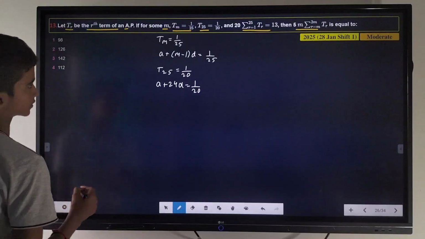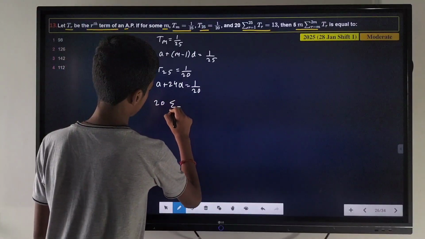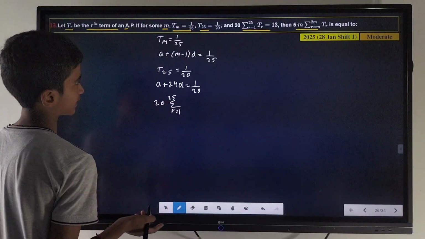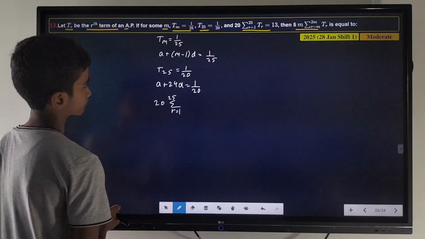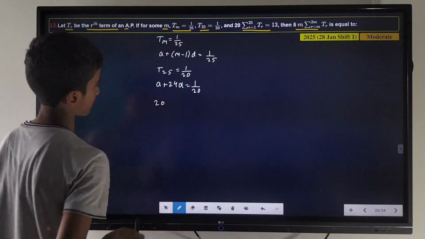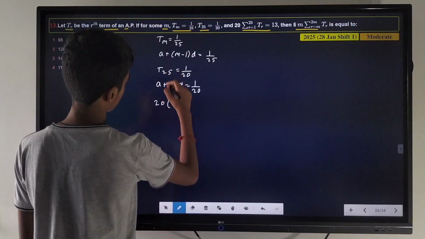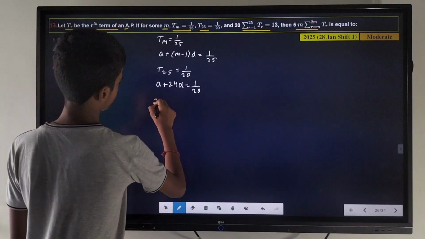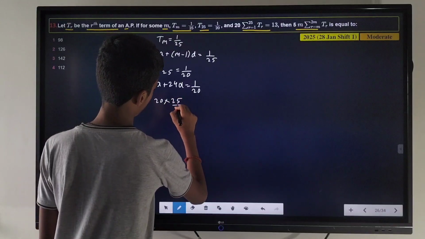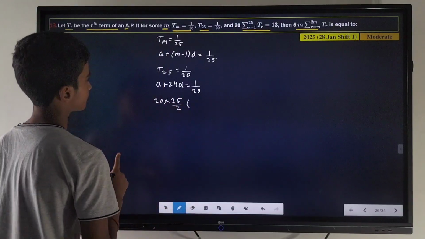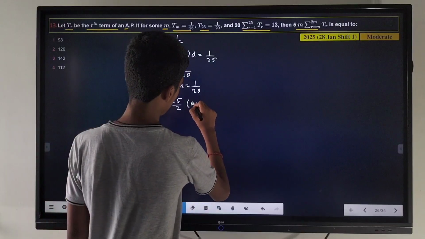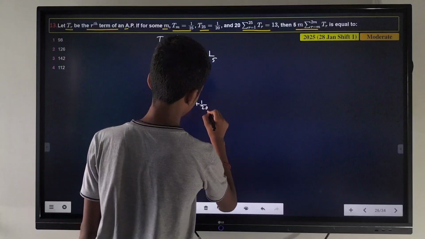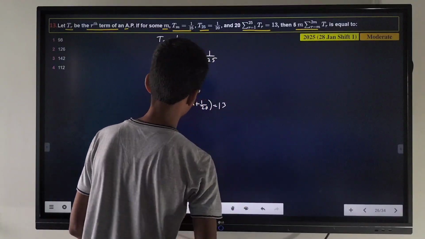Now let's move on to our sum. 20 times sigma r is equal to 1 to 25 TR. Now we can write the sum as 20 into 25 upon 2 into the first term, which is A, plus the 25th term, which is 1 upon 20, is equal to 13.